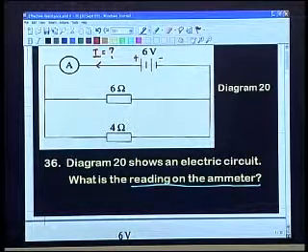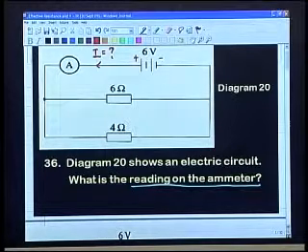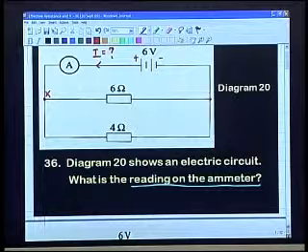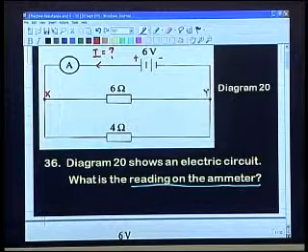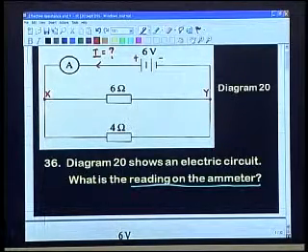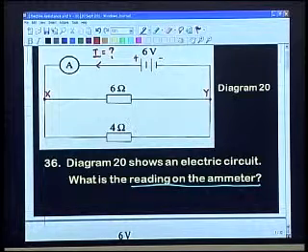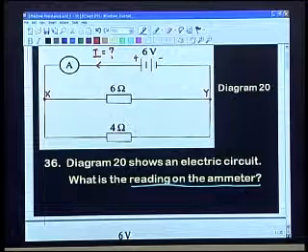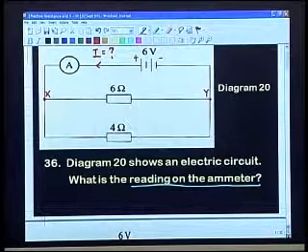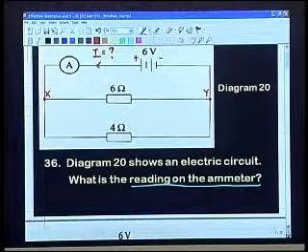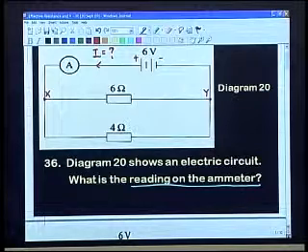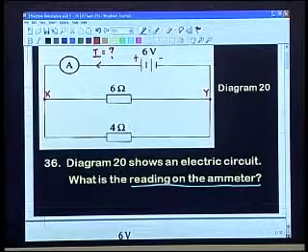Number 2, let me label this point X and label this point as Y. Between X and Y, we notice that there are 2 resistors there: the 6 ohm resistor and the 4 ohm resistor. And these 2 resistors are in parallel.